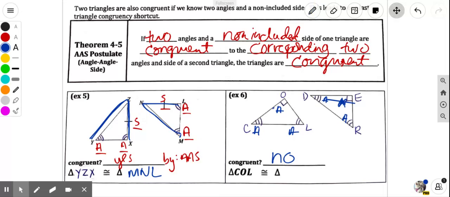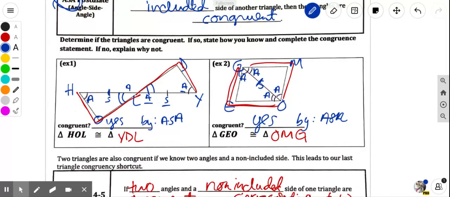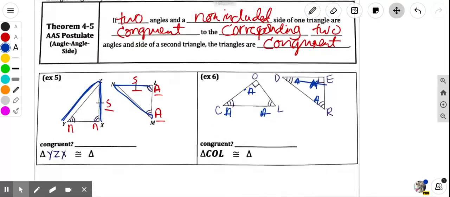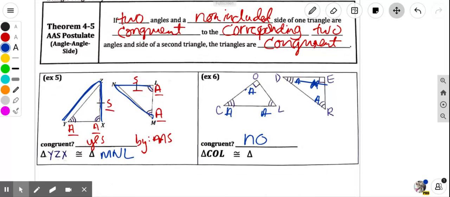You cannot just add in a side. Sometimes kids get confused because in an example like example 2, you marked that side as congruent. And okay, yes, that's because they were touching. If the triangles are not touching, you cannot add anything in. So this one does not have enough information, because you always need at least one pair of sides. So I would say no, they're not congruent.